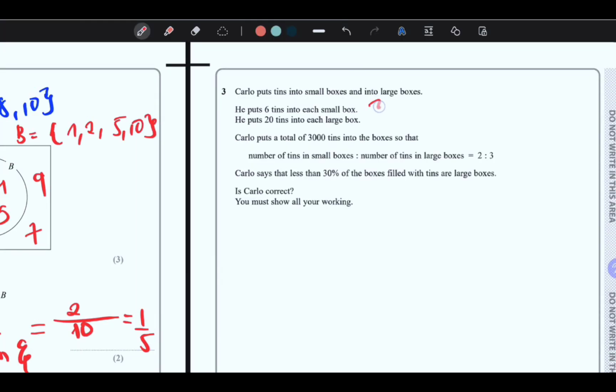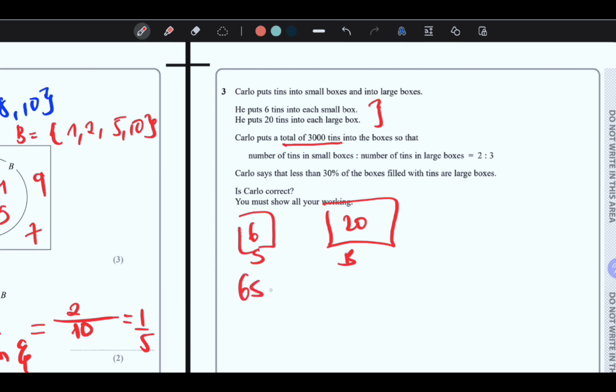So let's start with the first part of the information. He puts 6 tins into each small box. So let's say we have a small box, 6 each, and the big ones, he has 20 each. And they tell us Carlo puts a total of 3,000 tins into both boxes. It means if you take 6 times S and add it to 20 times B, you should get 3,000.